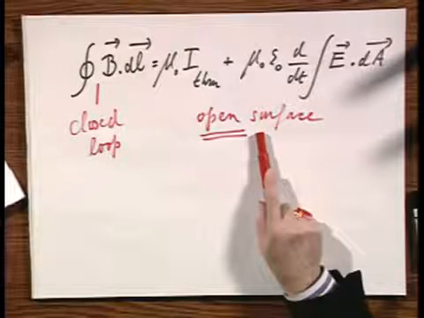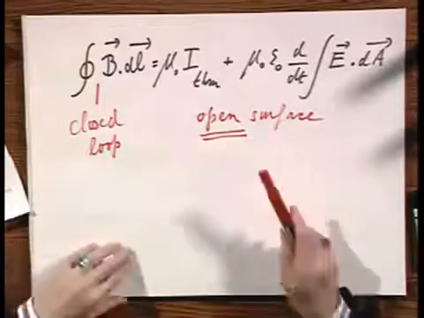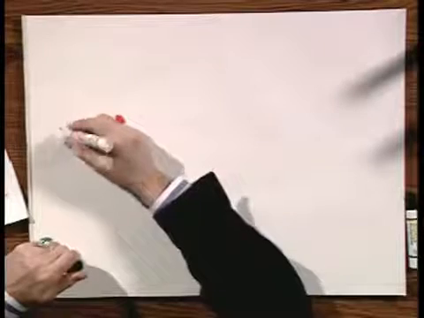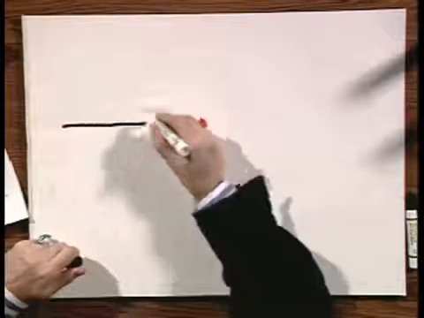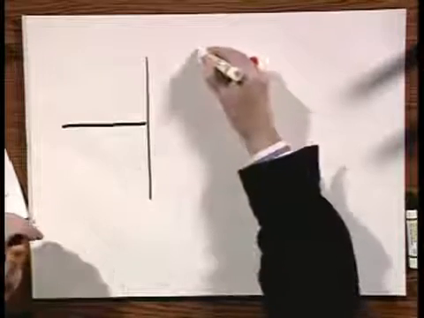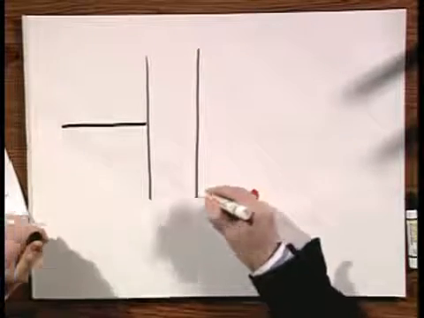So now I come with my classic problem. Let's keep this equation a little bit at hand. I have a capacitor. This is not a problem on your assignment, although you have similar ones. Let's assume that the plates are circular.